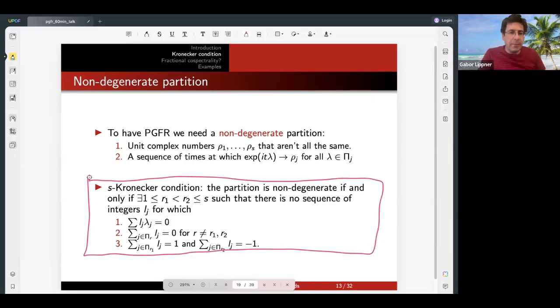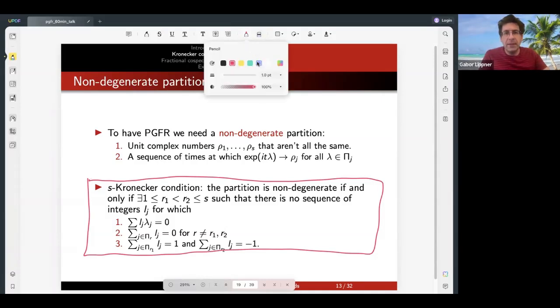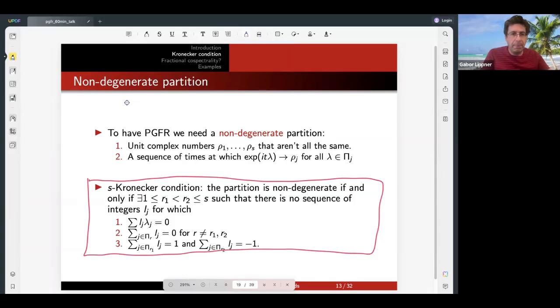So let me try to compare it with the usual 2-vertex Kronecker condition. The usual Kronecker condition says something like this. You have two groups, a pi plus and a pi minus. And so you want to choose integers for each eigenvalue. So the eigenvalues are lambda 1 through lambda n, and you want to choose integers L1 through Ln.